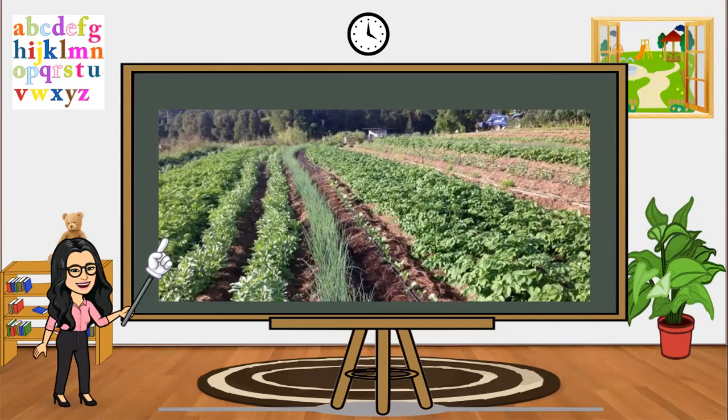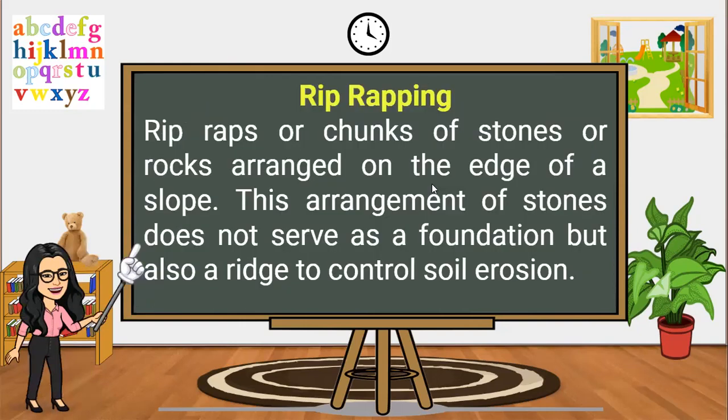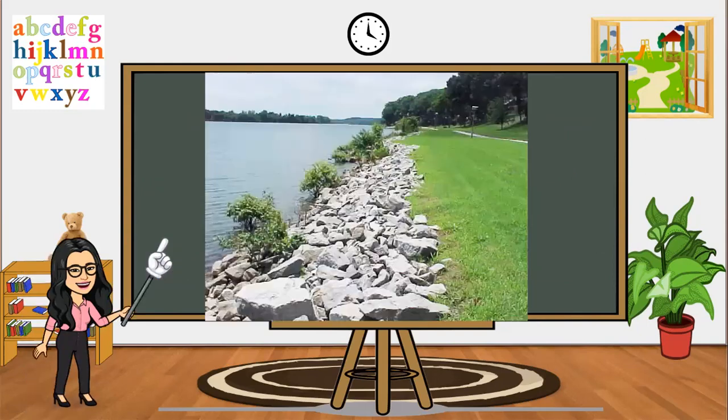Next is riprapping. Riprap is a chunk of stones or rocks arranged on the edge of a slope. This arrangement of stones serves not only as a foundation, but also as a ridge to control soil erosion.